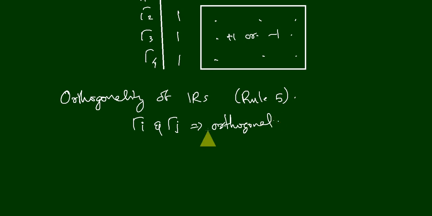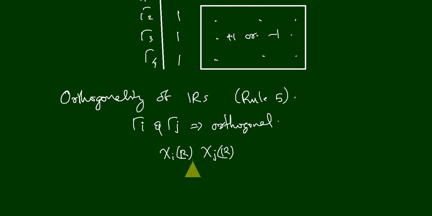And how can we express this mathematically? Chi i and chi j are orthogonal means you multiply the characters from chi i and chi j for each corresponding operation. For example, you multiply chi i(R) with chi j(R). Okay, R is a particular operation like C2, etc. So for a particular operation you multiply its character from two different irreducible representations i and j, not from the same.